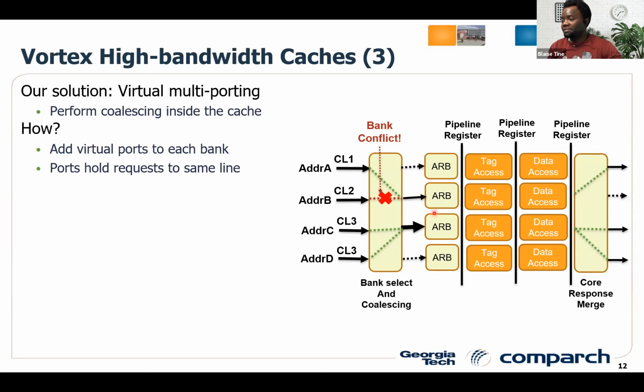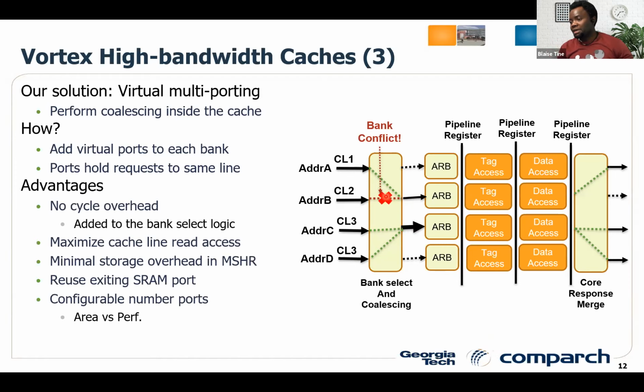Like you see on this diagram, there is a pipeline register between the request stage and the tag access stage, and everything before that takes place in one cycle.